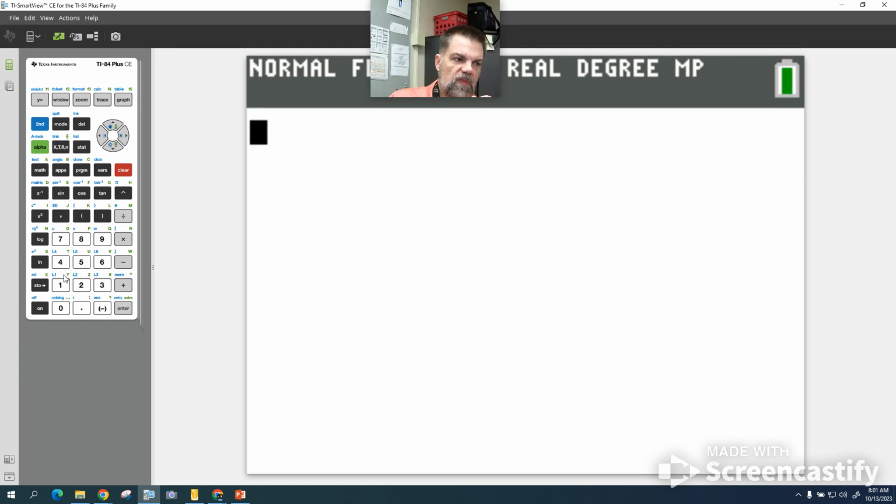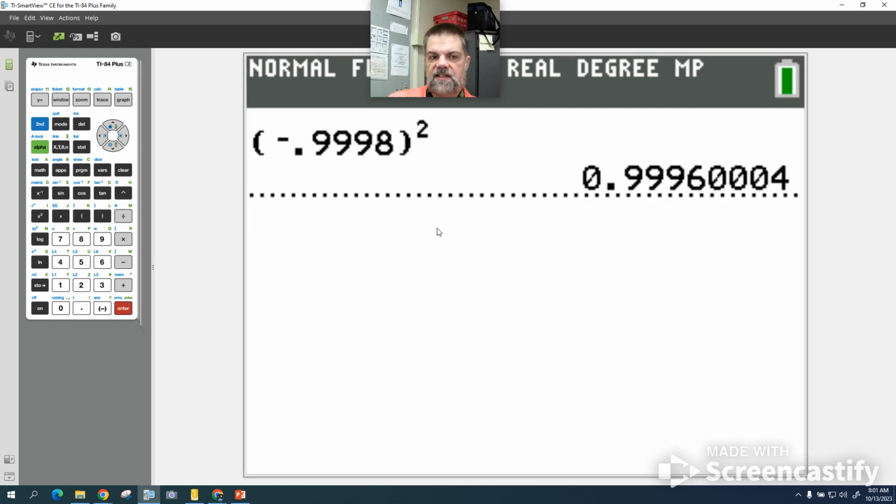So basically what I need to do is take, in parentheses, negative 0.9998 and square it. I'm going to get some crazy decimal, right? And so that's 0.996 and some change.